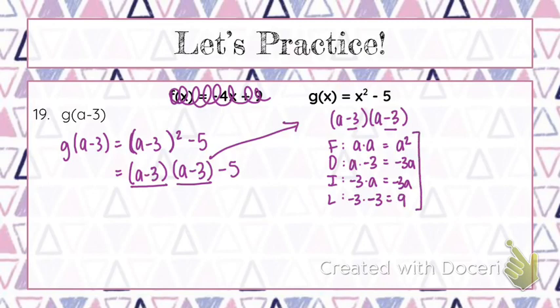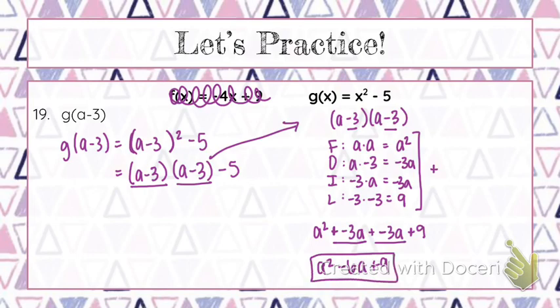Then we take all these and we add them up. So we have a squared plus -3a plus -3a plus 9. All right, so -3a and -3a are like terms. They're going to combine to give us a squared minus 6a plus 9. But remember, this just goes back into here, and we have to finish solving still.